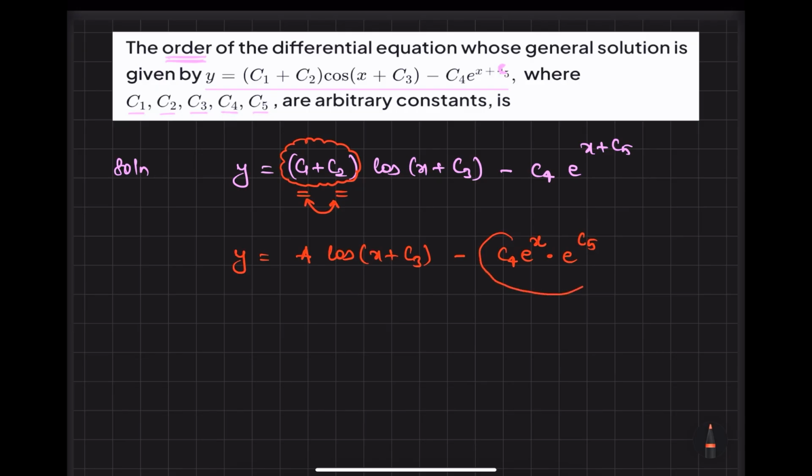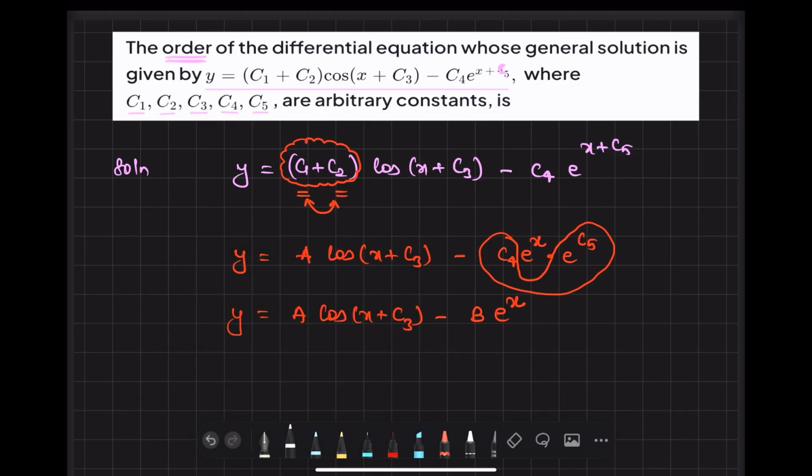Now don't you think that we can club these two situations? Okay, so look at here. So we got a cos x plus c3 minus b e power x.